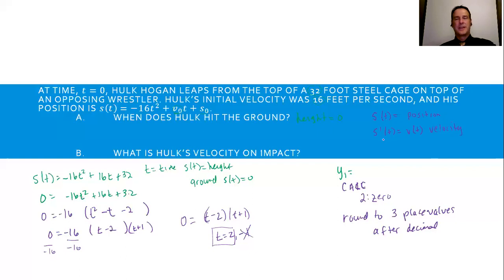And if you want to take it another step, the derivative of your velocity is, I know you know this because you either had this in another math class or maybe even a physics class, your acceleration.